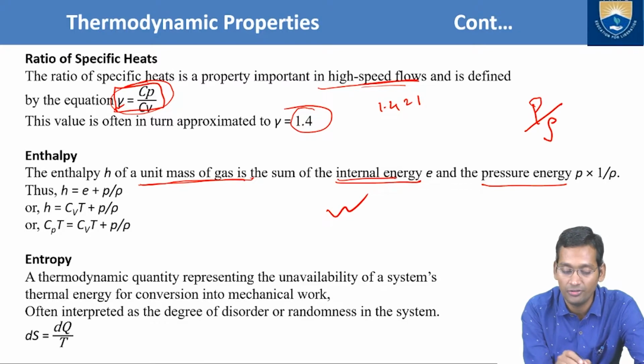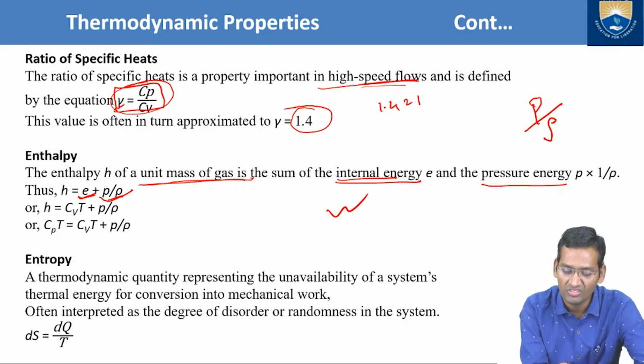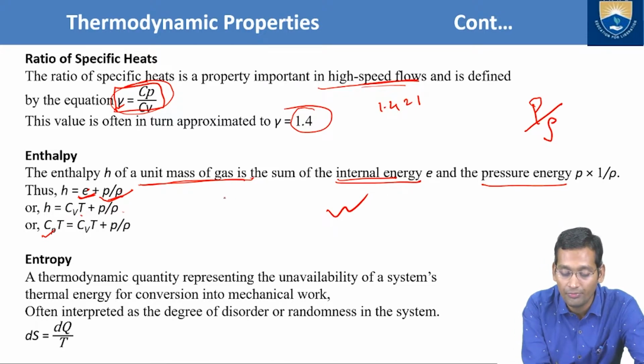So enthalpy will be the sum of internal energy, which we denoted by small e, and pressure energy, P by rho. What was E? We used Cv T. And H was Cp T, as we just saw. So putting these things together, H equals Cv T plus P by rho.